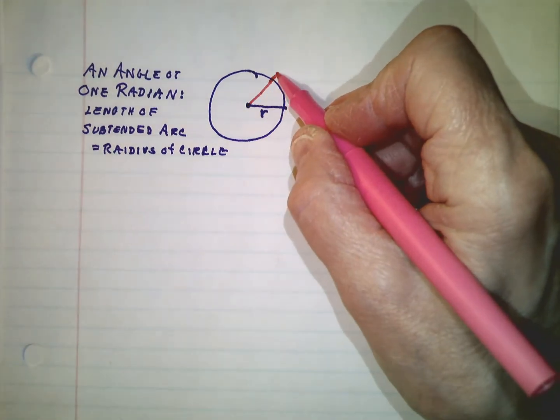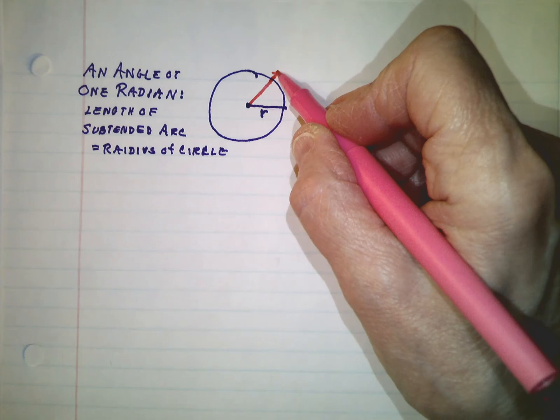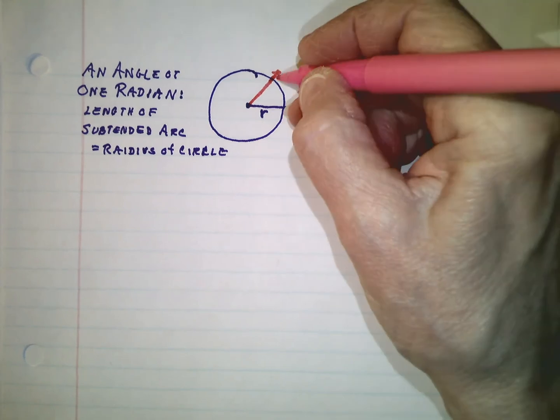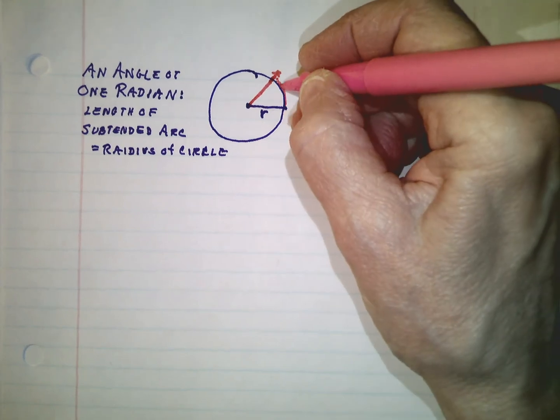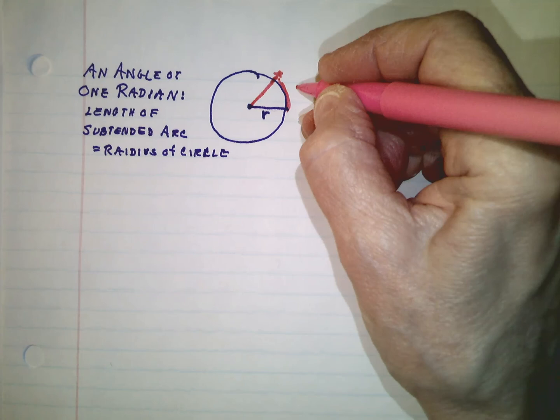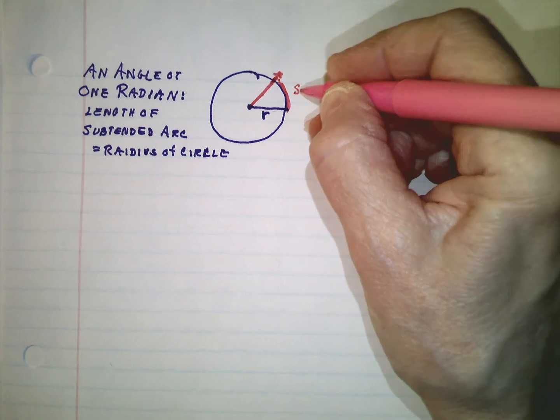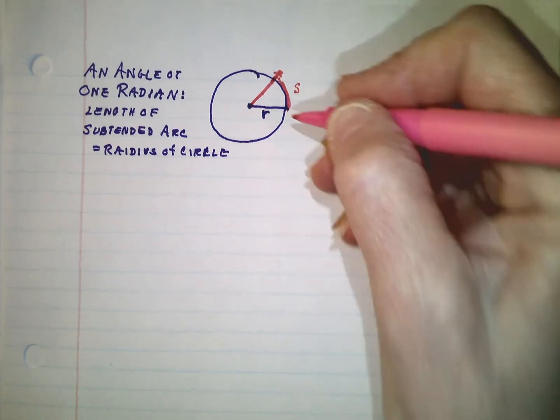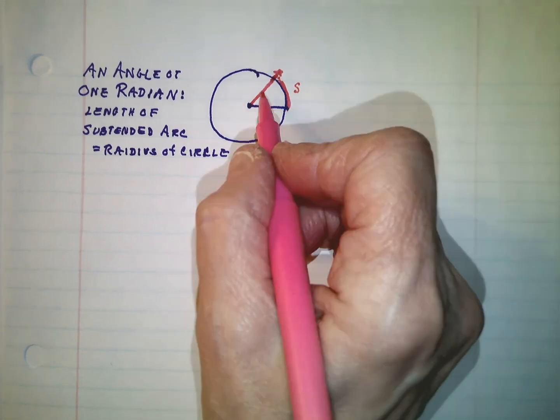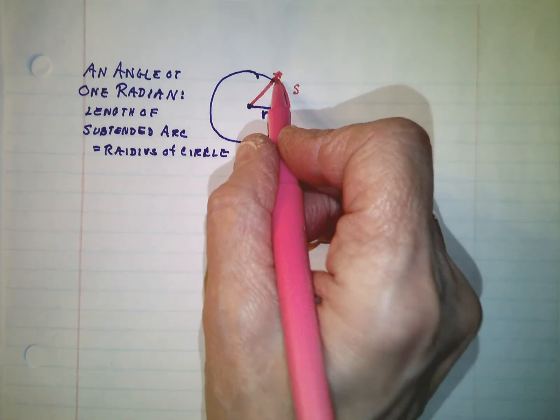So this angle, where the arc length, which they call S, is the same as the radius, that angle here is 1 radian.